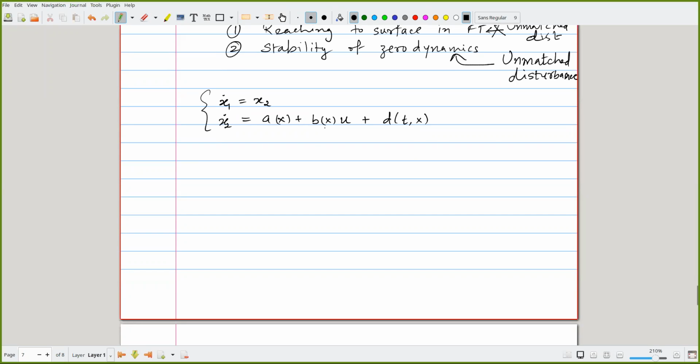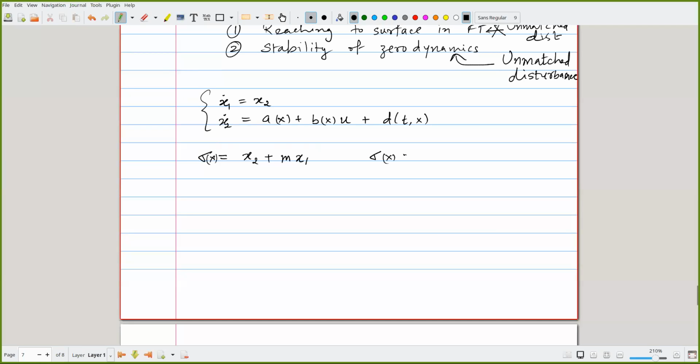Now again, let us see what we did earlier. We defined a sigma. Let's say we are measuring x1 and x2 both, and we define the sigma like this, a simple line. Instead of k, let me use m. So x2 plus m x1. This is the sigma of x I will define. Okay, and then what happens when sigma is equal to 0?